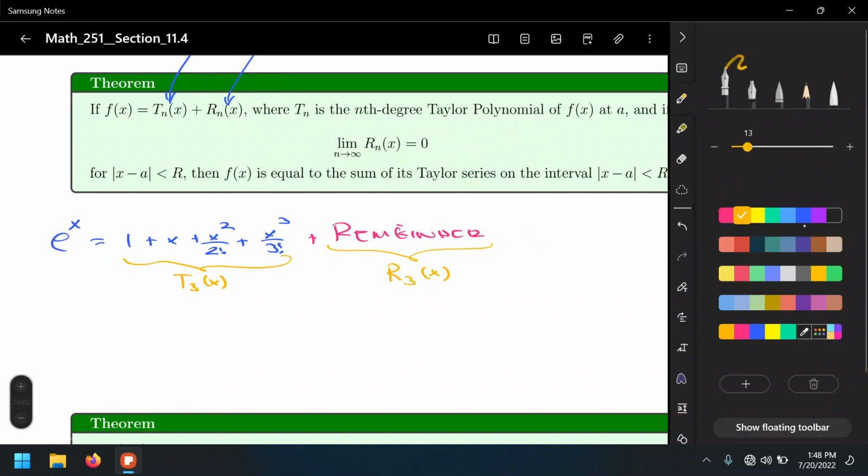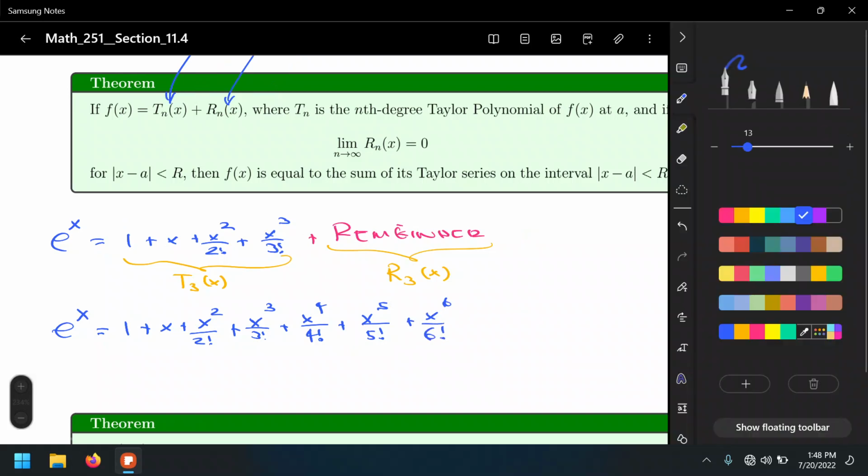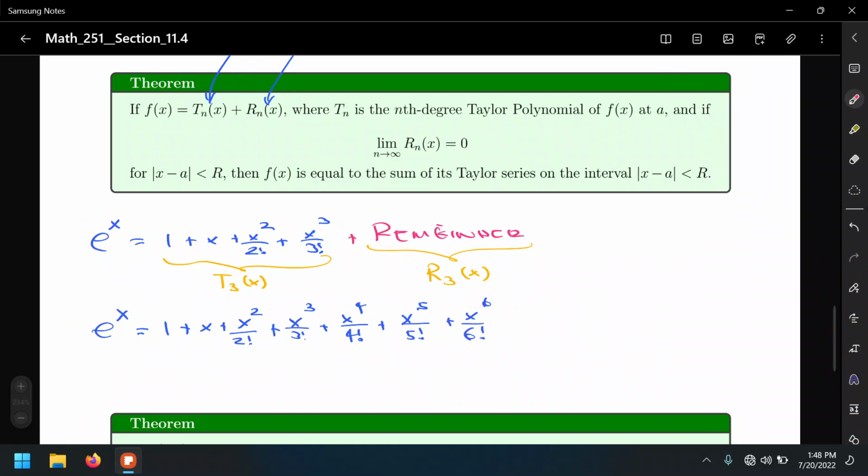Likewise, e to the x is also 1 plus x squared over 2 factorial plus x cubed over 3 factorial. What I'm going to do is just add more terms: x to the 5th over 5 factorial plus x to the 6th over 6 factorial plus some remainder.